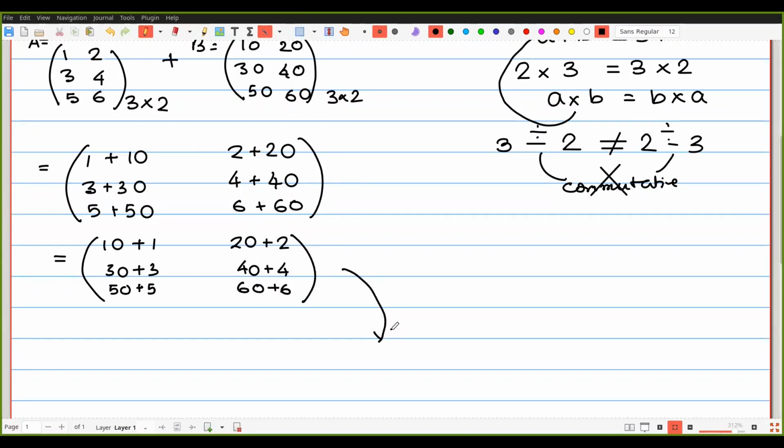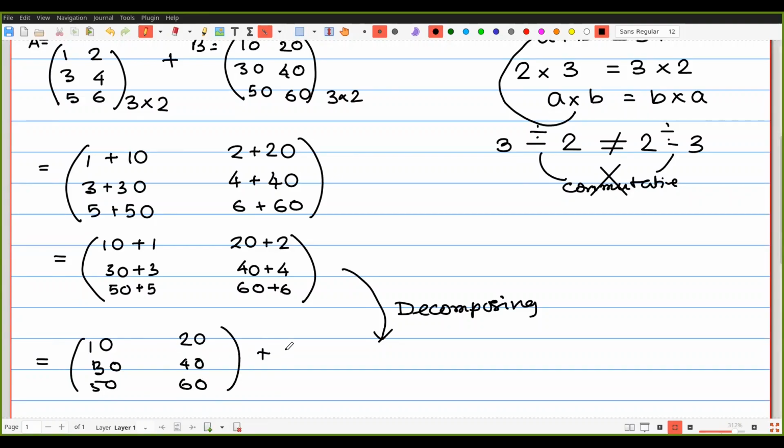After that we decompose. Decomposition means whatever we have added with the matrix addition, we now just divide it. So 10, 30, 50 would be in the first column, then 20, 40, 60, plus 1, 2, 3, 4, 5, 6.